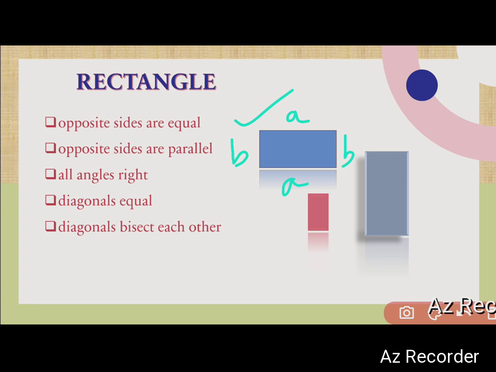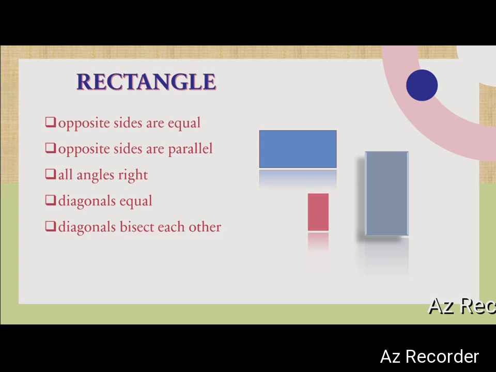A rectangle has four sides. All four angles are 90 degrees, and the two diagonals are equal and they bisect each other. These are the specialities of a rectangle.